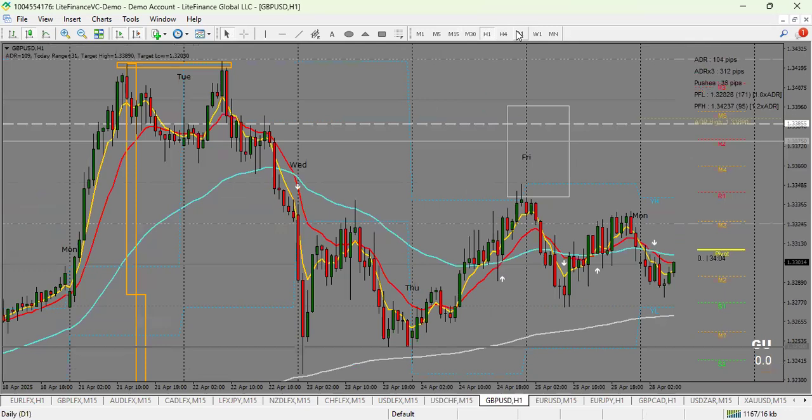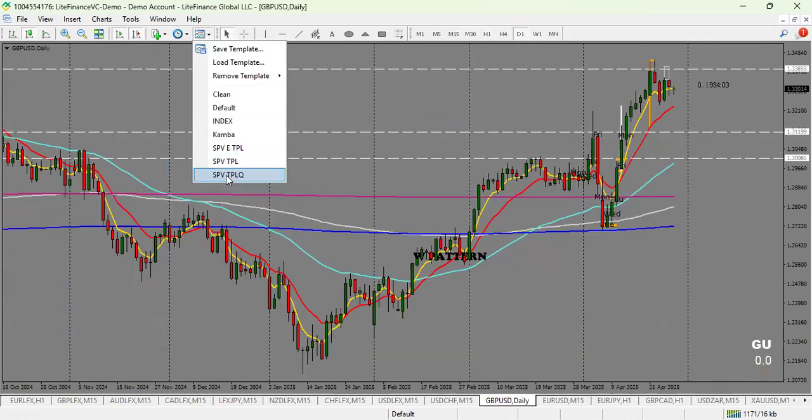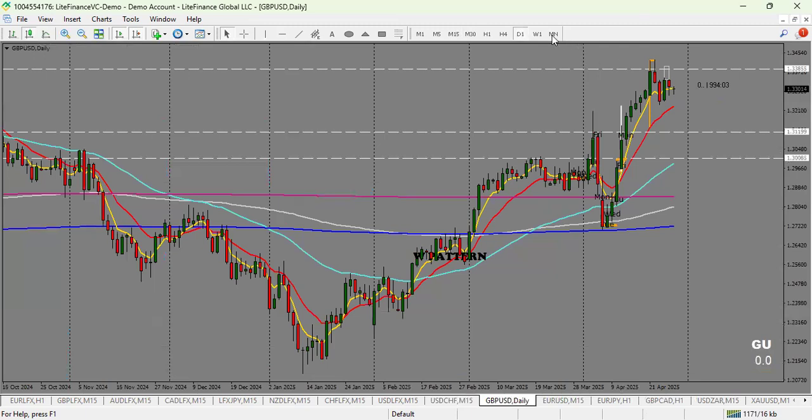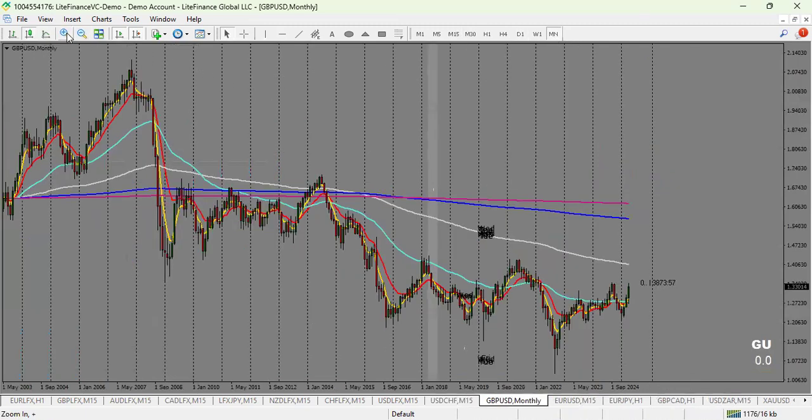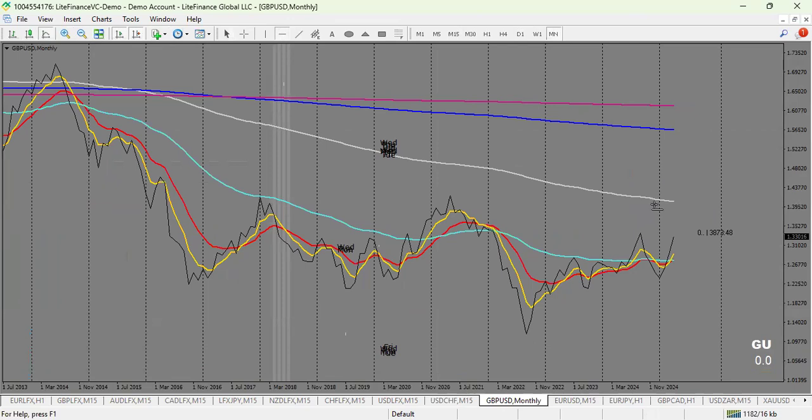So let's jump into the cable, GBPUSD. So let me load the template again, and here we have the monthly time frame. We're looking at the market structure of price action.